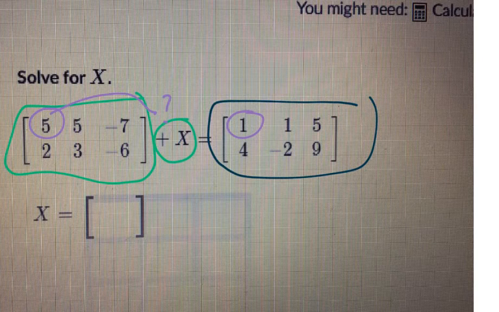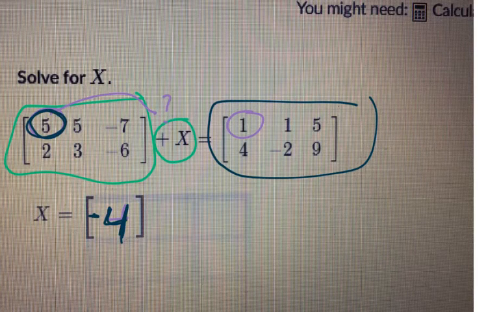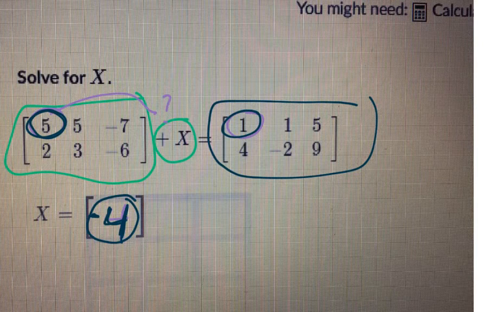So couldn't I just do 5 minus 1 and say that first number must be 4? Or I should say, uncorrected, negative 4. So let me start over here. Does everyone agree 5, watch our signs, with a negative 4 is 1? Right? Okay, so let's just keep doing it that way.